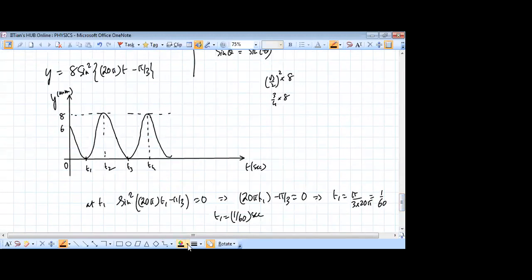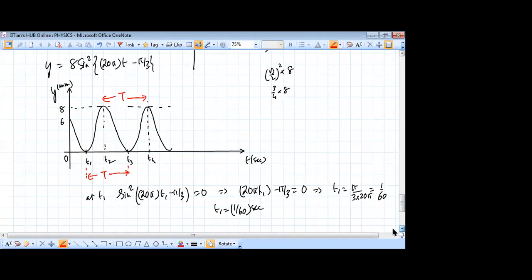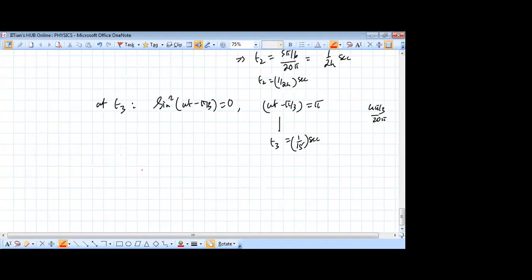Now you can see that in this graph, the time period according to this graph should be this one, or that is the same thing as this one. Let's see what we get from these values. So the time period which is T3 minus T1 or T4 minus T2, any of these, 1/15th minus 1/60th, so 1/20th of a second, or 50 milliseconds.